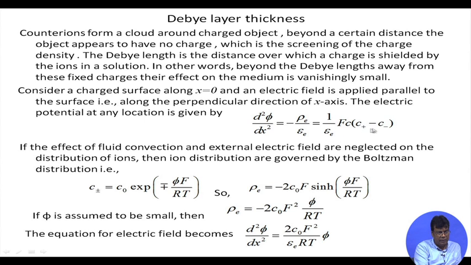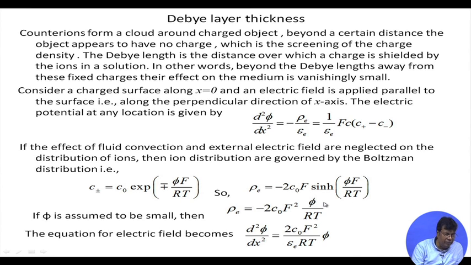Now, if I assume that the ions obey the Boltzmann distribution, which is governed by this equation, the charge density becomes 2c0 f sinh(phi f by RT).